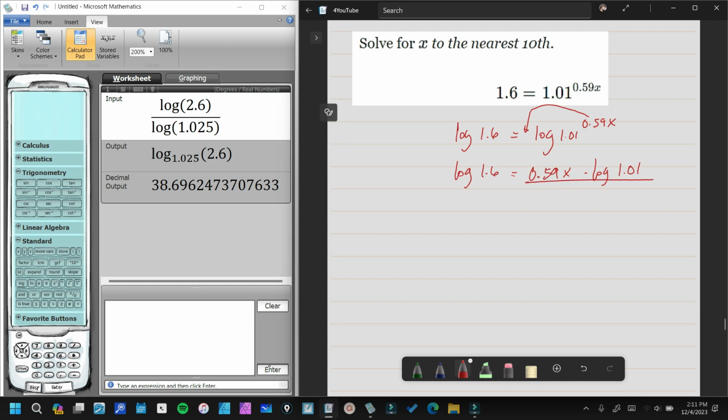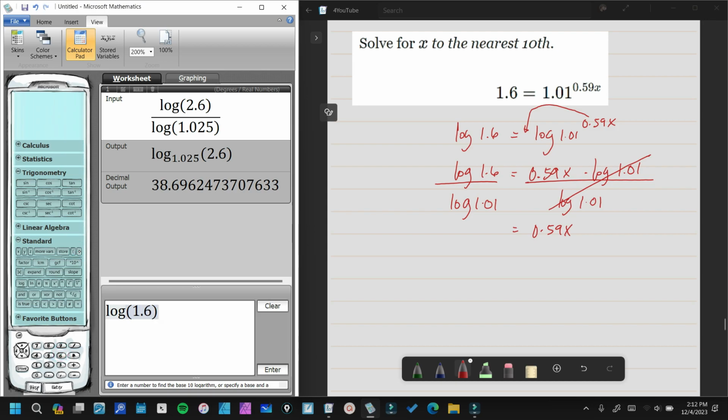And finally, let's divide both sides by logarithm 1.01. You can cross that out. Logarithm 1.01.